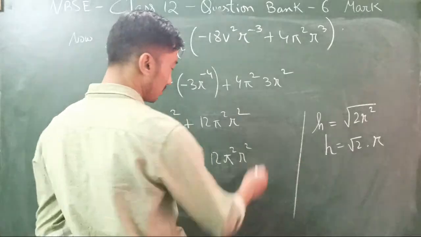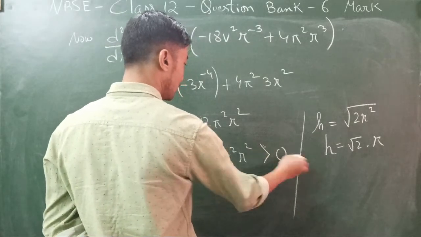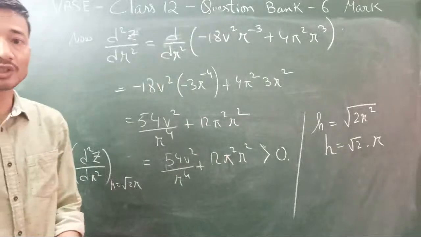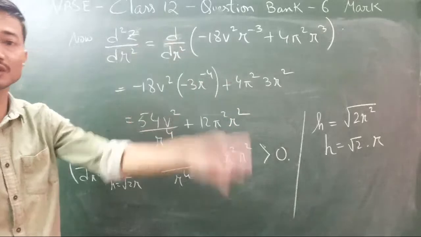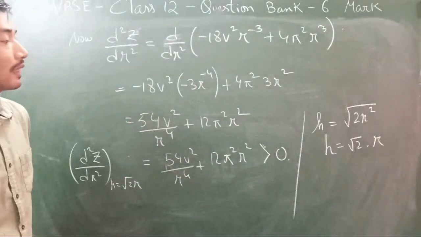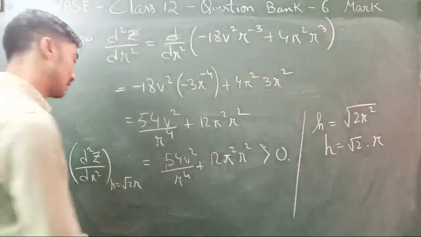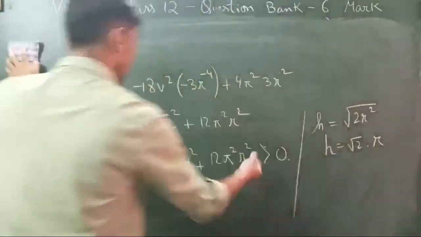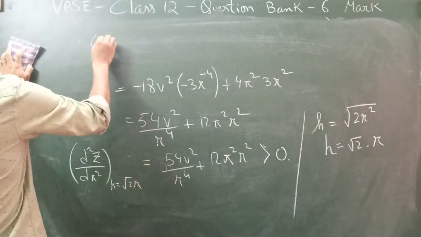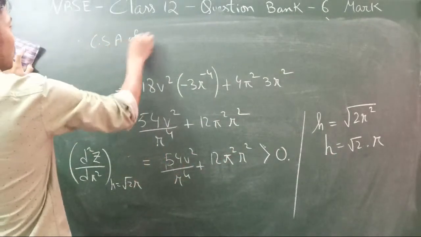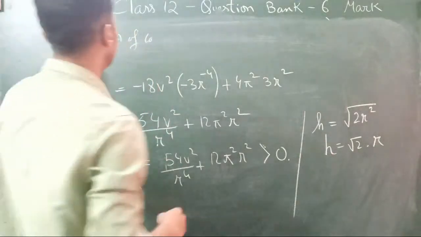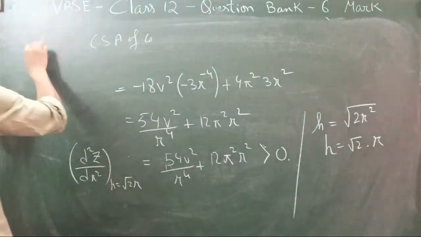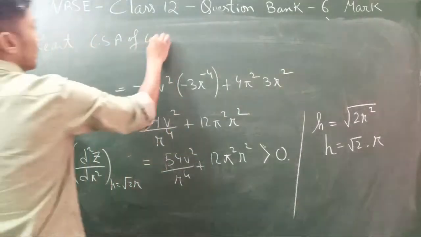Remember, no need to convert because this is always going to be what? Greater than 0, because see, volume can never be negative, radius not negative, pi, these are all constants, r also, this is also radius, this is not going to be negative. So definitely yes, that's the solution. At this point it is always going to be a minimum. So therefore least curved surface area of cone, what was the question?